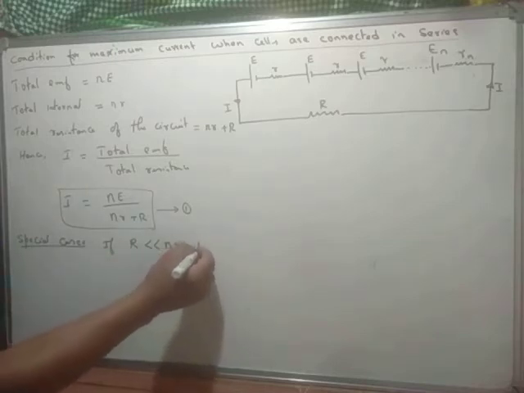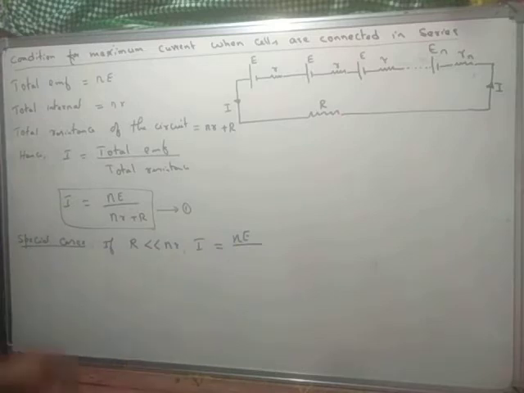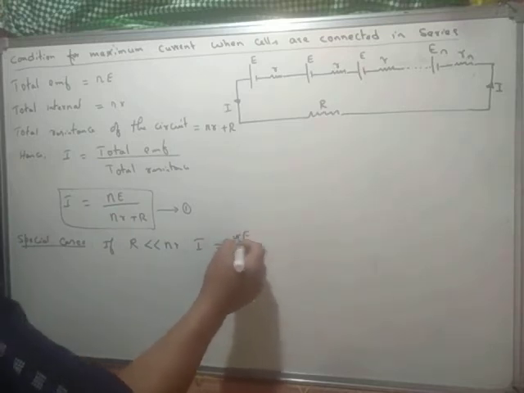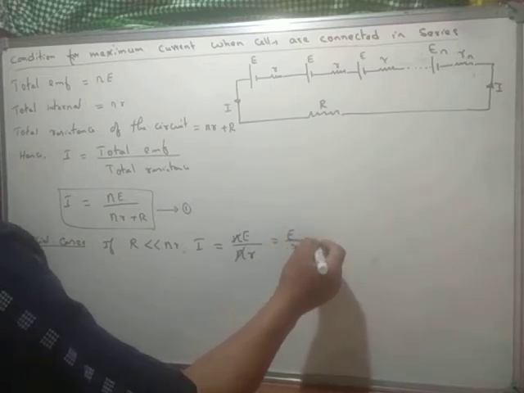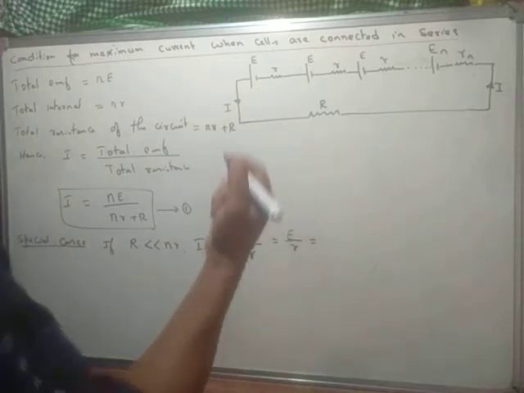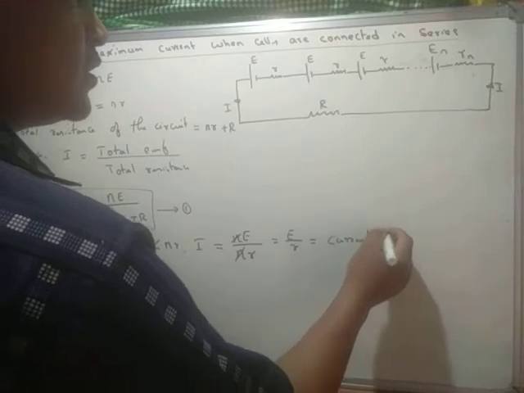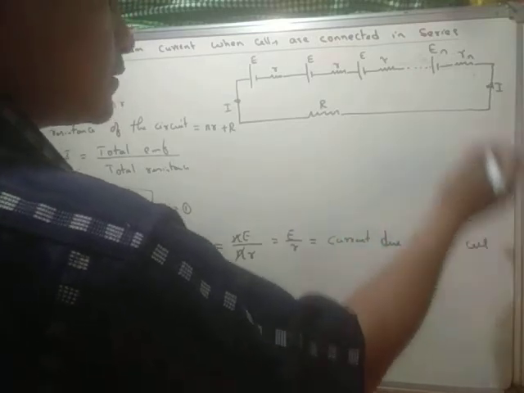Your I becomes nE upon, because this R is too small compared to nr, this capital R can be neglected. You have only nr. So this n cancels with this n, and you have E upon r. Now this E upon r, E is the potential, r is the resistance. So potential upon resistance is current.